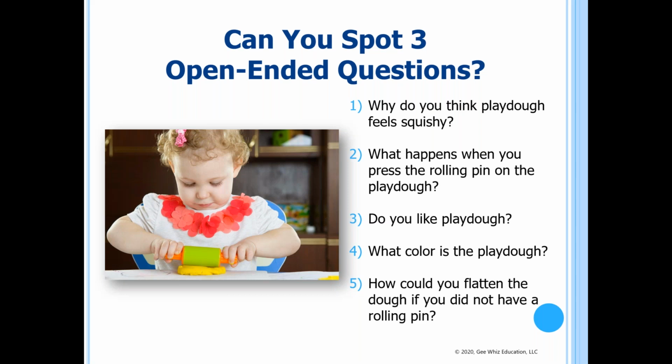So as you're engaging in that conversation, you can throw it in there if you need to evaluate if they know what the color, in this case, yellow is. It doesn't mean you're never going to ask those questions. It just means that when you want to engage children, you want them to think, you want them to predict, you want them to create, you want to stick with those open-ended questions.